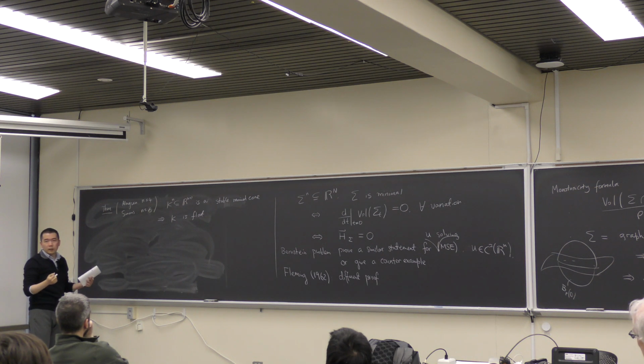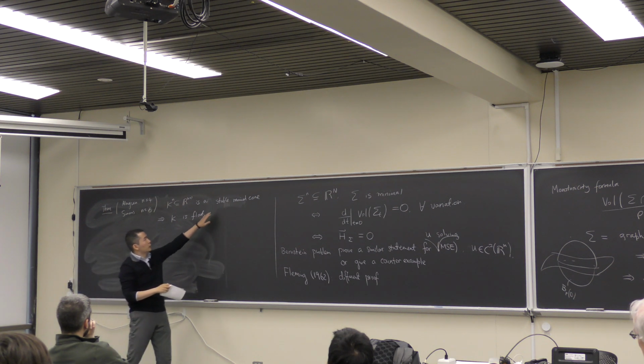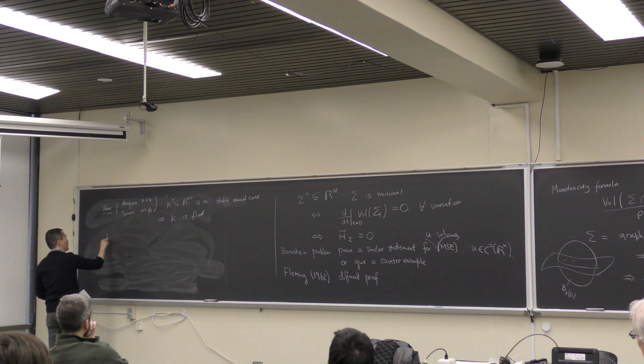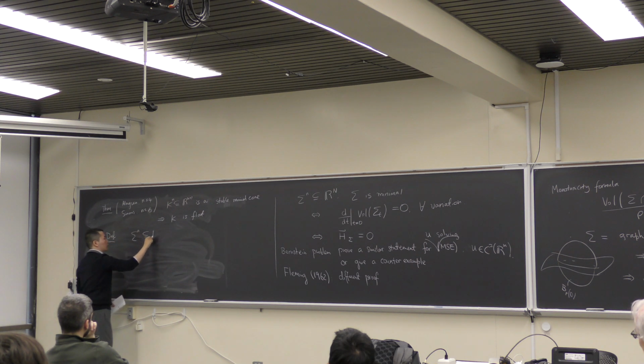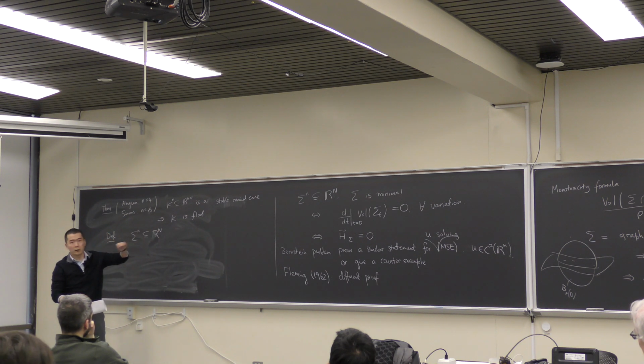Okay, so their analysis is actually based on the notion of stability. So let me define it. Let's consider a minimal surface. By definition, that means the first variation of area, or volume, is 0.